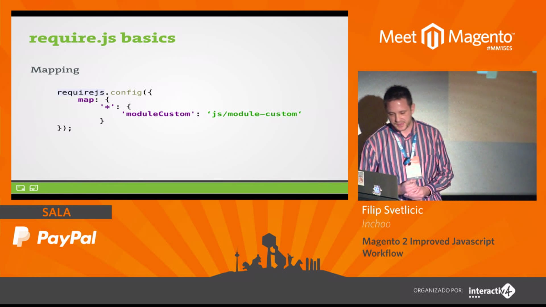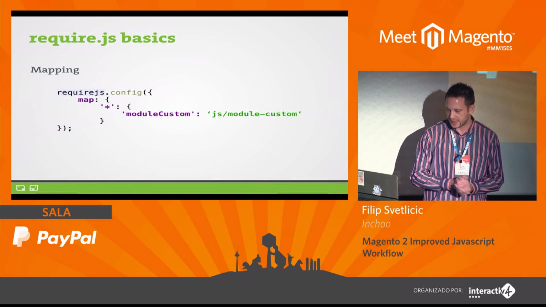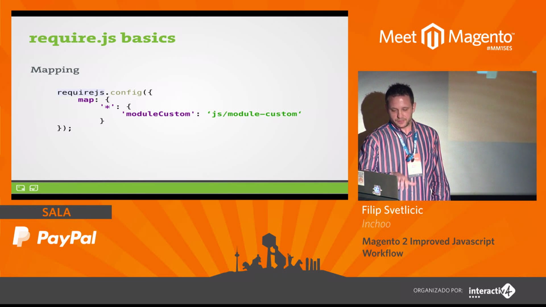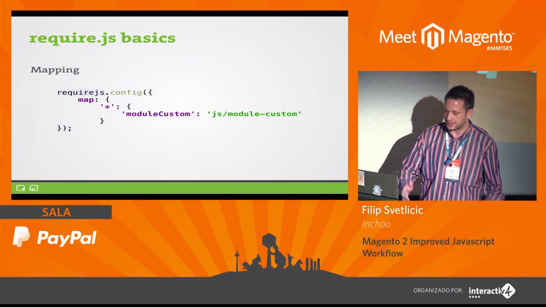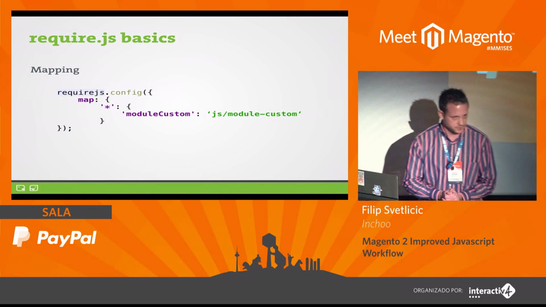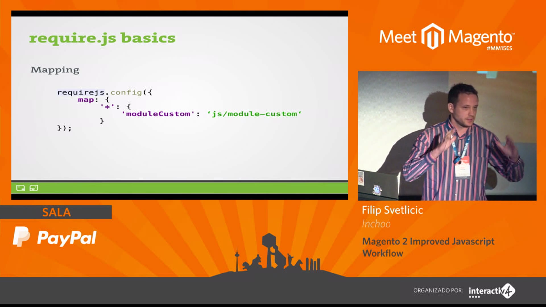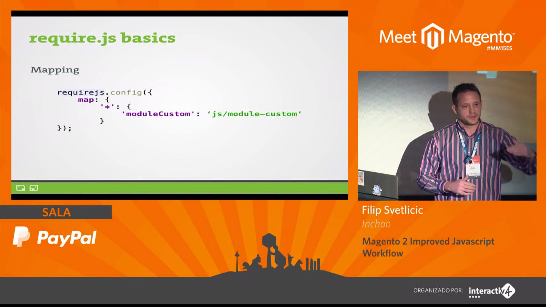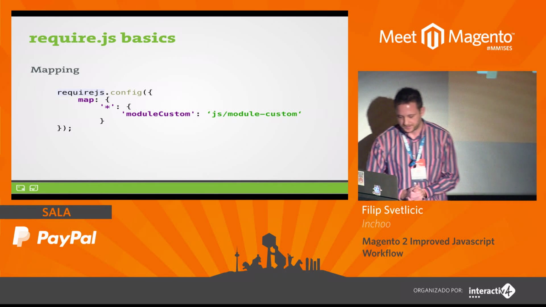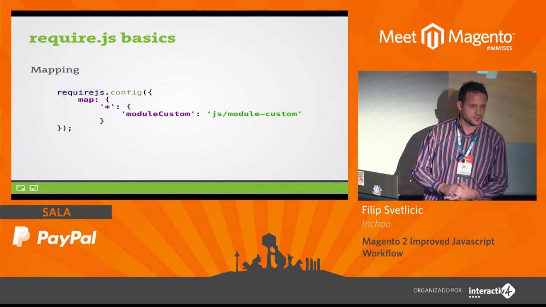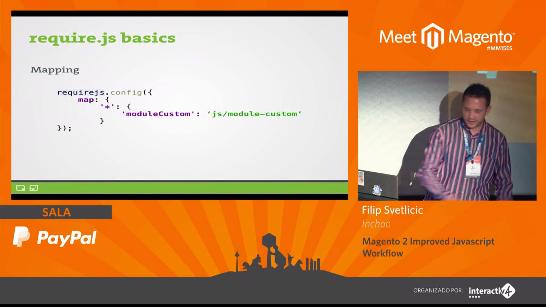On the basic example, this says, okay, basically substitute the module given an ID with another path. This is extremely beneficial for architecture when fallback is in the options. Okay, I will get to that later.